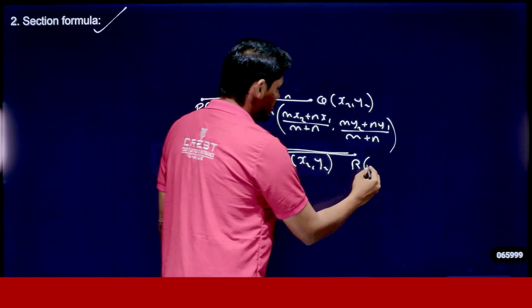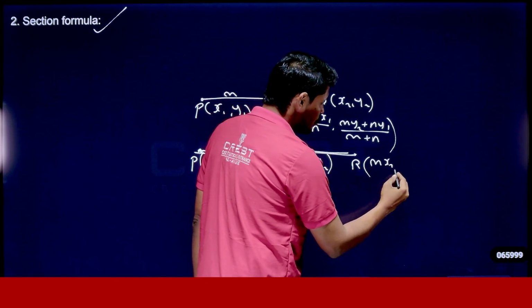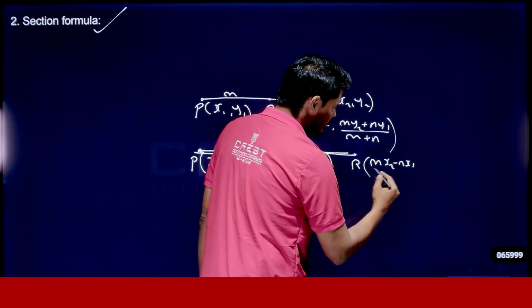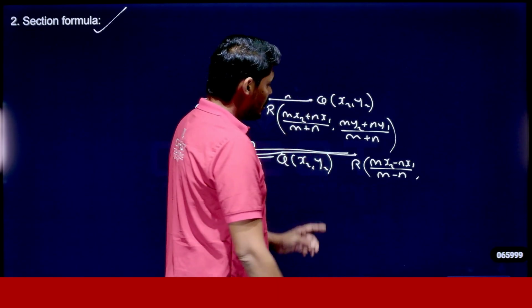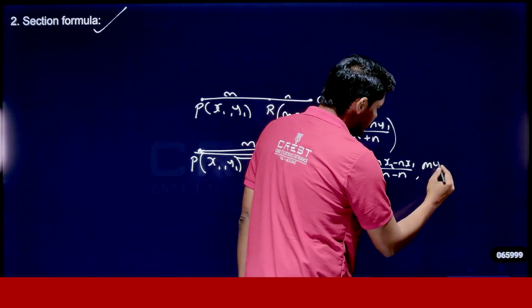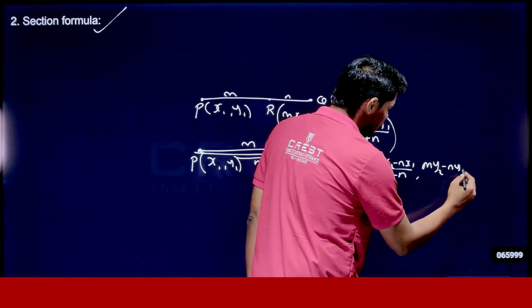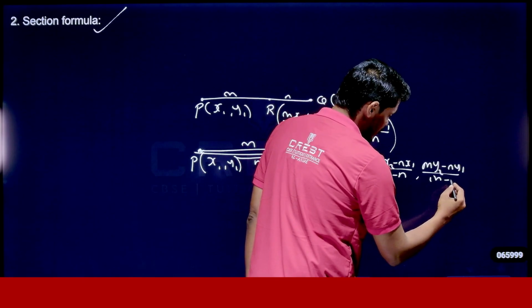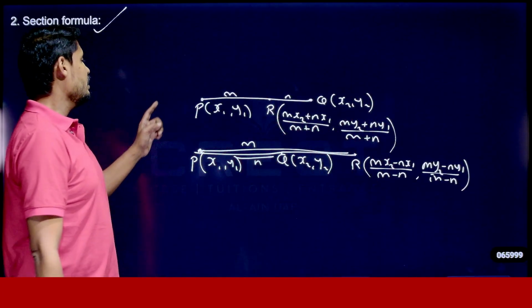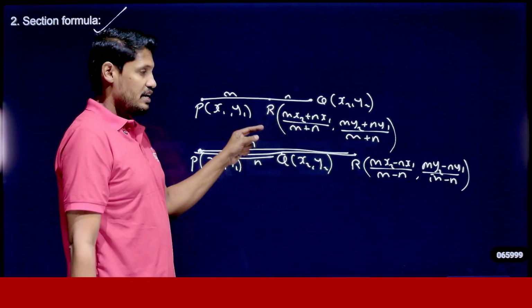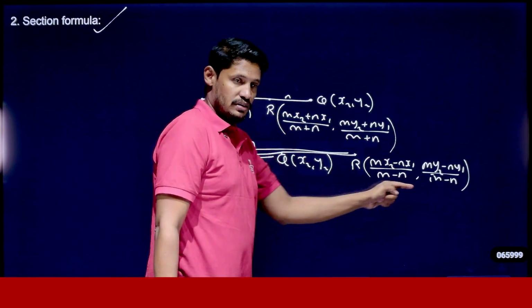Then the x coordinate becomes (mx2 minus nx1) divided by (m minus n), and the y coordinate will be (my2 minus ny1) divided by (m minus n). So section formula, internally we have this equation, externally we have this equation.